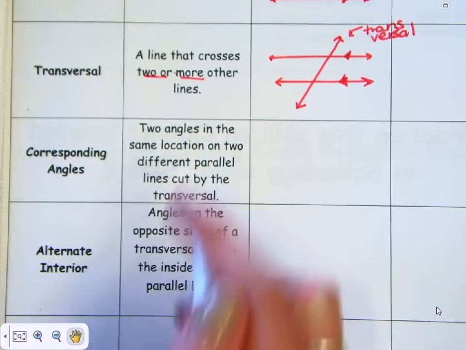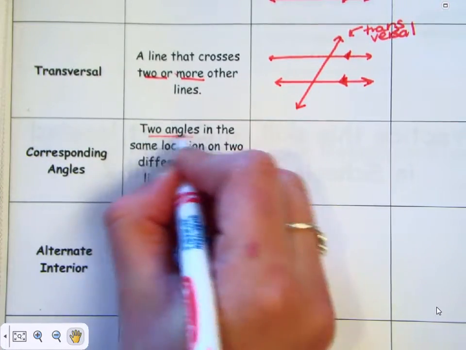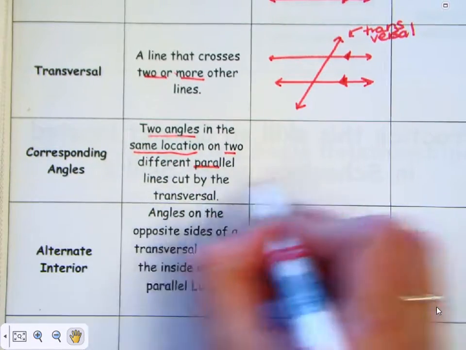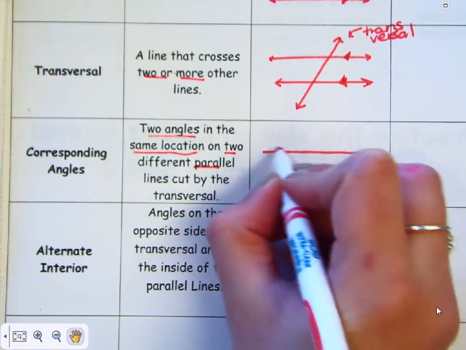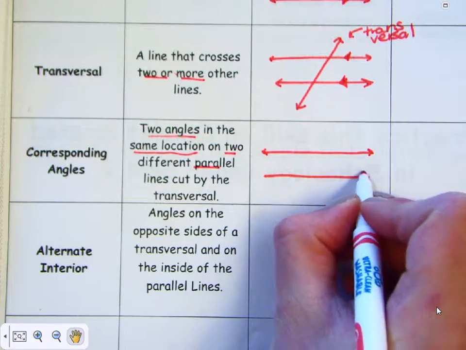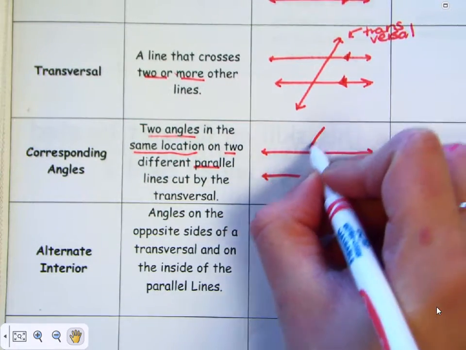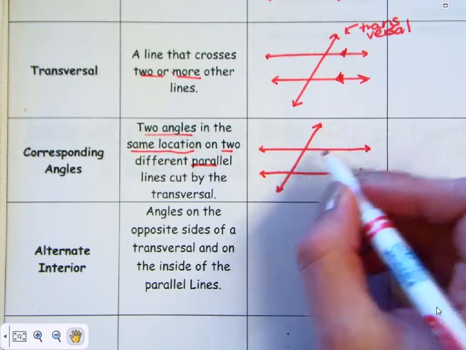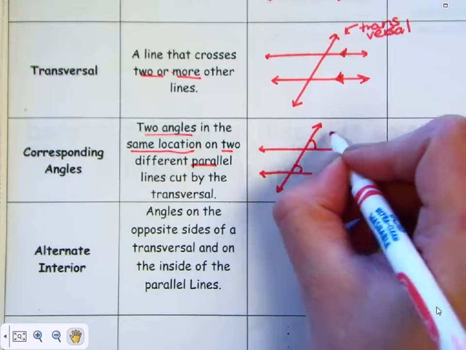Corresponding angles. Corresponding angles are 2 angles in the same location on 2 different parallel lines cut by a transversal. So in this picture of 2 parallel lines cut by a transversal, these would be my parallel lines and this would be my transversal. It's the angle that's in the same position.